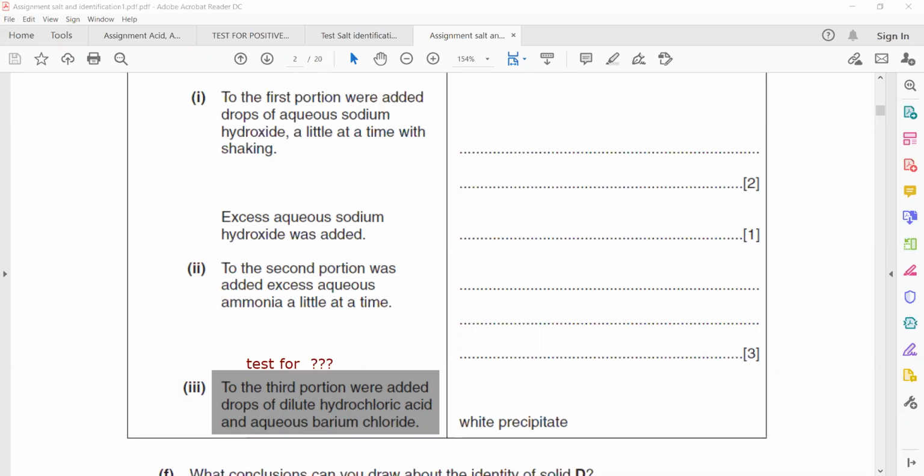Yeah, this is a test for the sulfate ion. Whenever you observe a white precipitate, it means this salt contains sulfate ion. The result shows that this salt contains sulfate. So originally we knew in the beginning this salt was a zinc salt, but what else is there with zinc? It contained sulfate. So we identified the two salts.